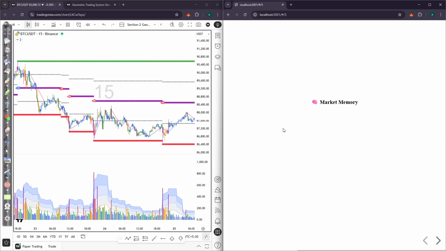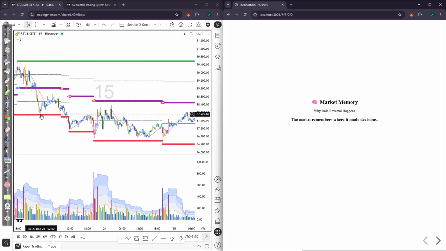Let's talk about market memory for a bit. What does it mean, and how can we use it? Why does role reversal happen? The market remembers where it made decisions.